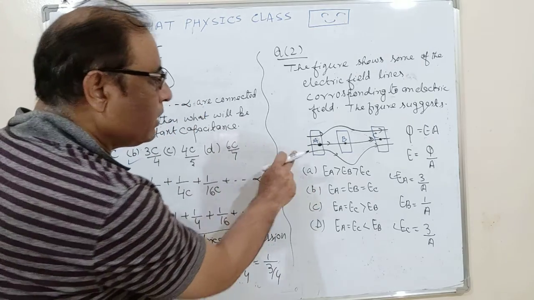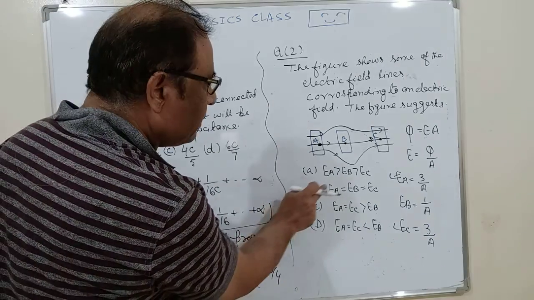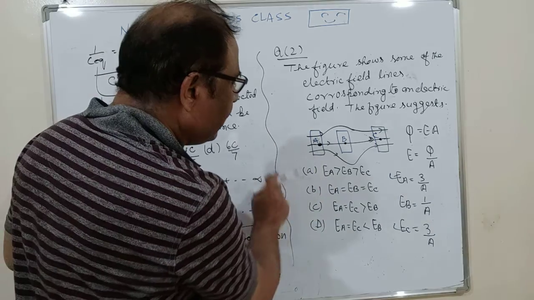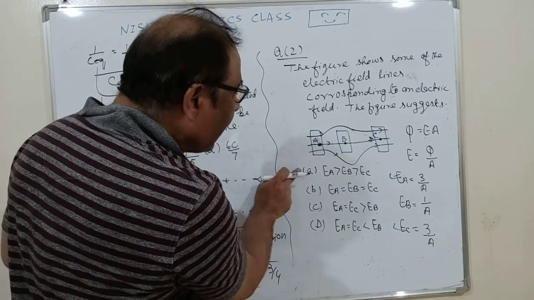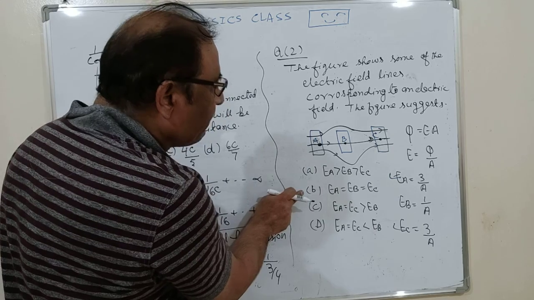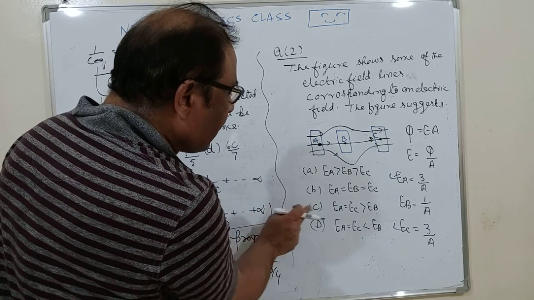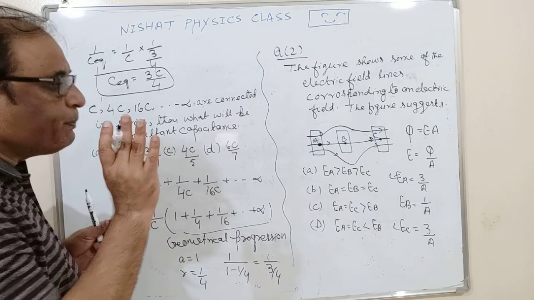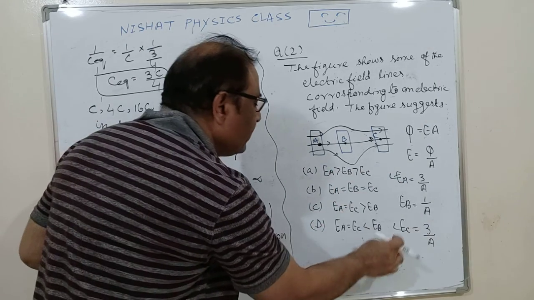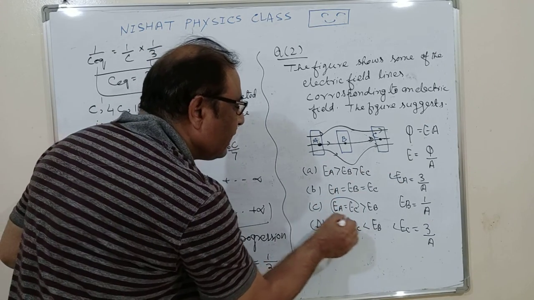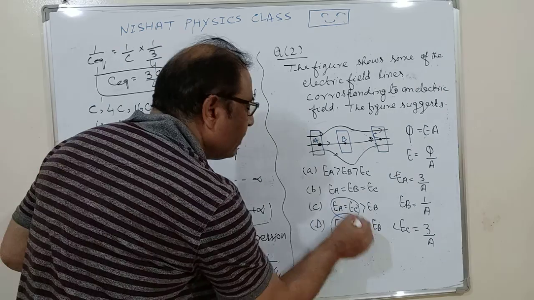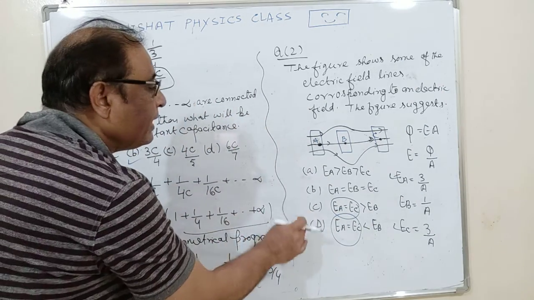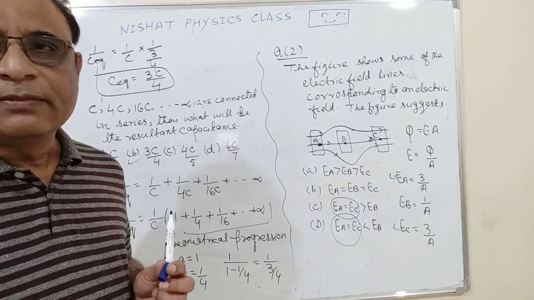Either EA equal to EB or EA equal to EC. So either option B, or option C or D. In both cases EA equal to EC. Then maybe C and D, A and B can never be.